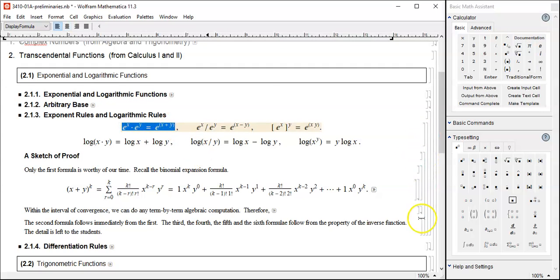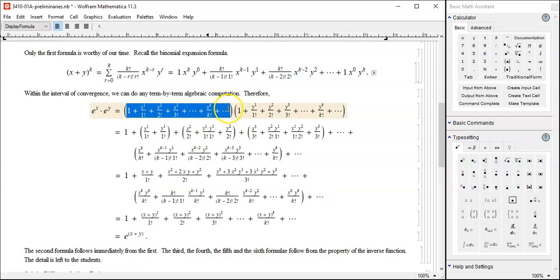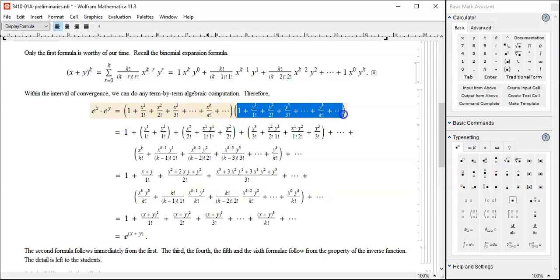E to the x power times e to the y power. Here we go. E to the x power times e to the y power. Now, let's break those up. How do we get 0 power? This times that. That's the only way to get 0 power. Next, how do you get the first degree?